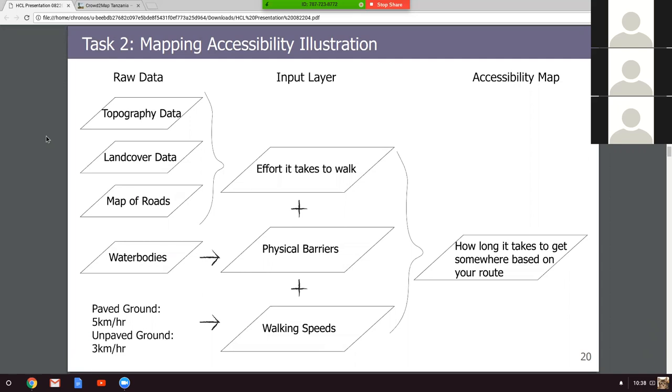Then the water body becomes a physical barrier because you can't really walk through a body of water. Then I define the walking speed: paved ground as 5 kilometers per hour and unpaved ground as 3 kilometers per hour. These three input layers combine to form a layer showing how long it takes to get somewhere based on your route.